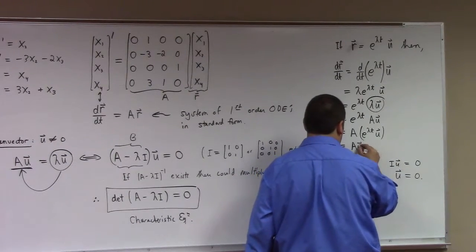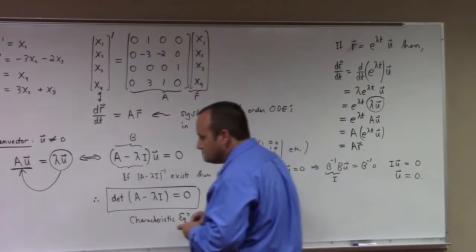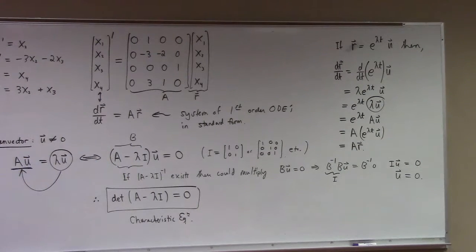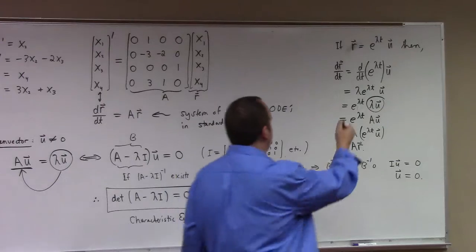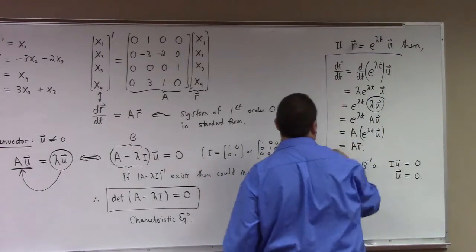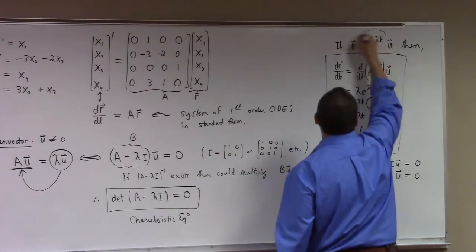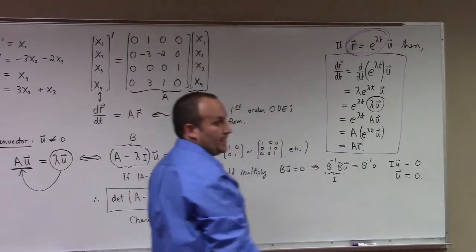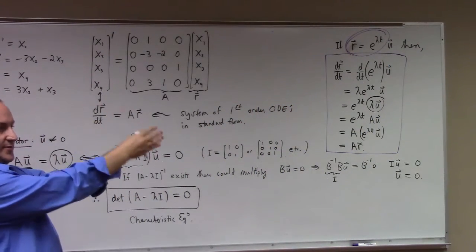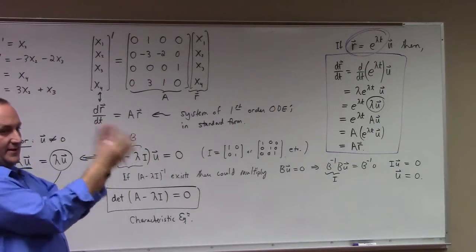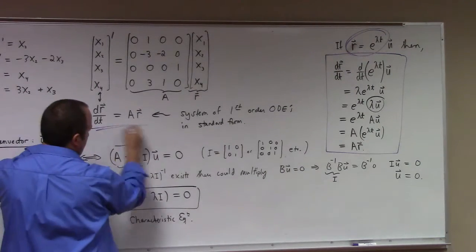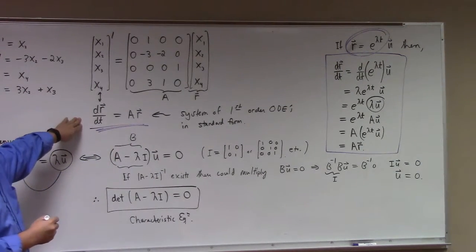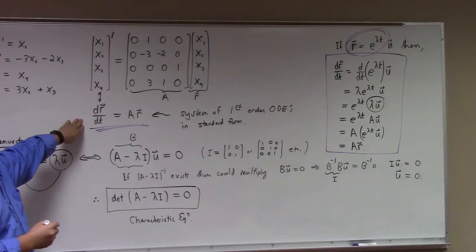So what have we just shown? What does this boxed purple equation show? It shows that if you take that formula and plug it into the differential equation, it works, right?